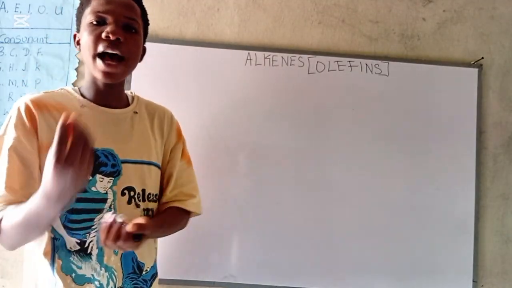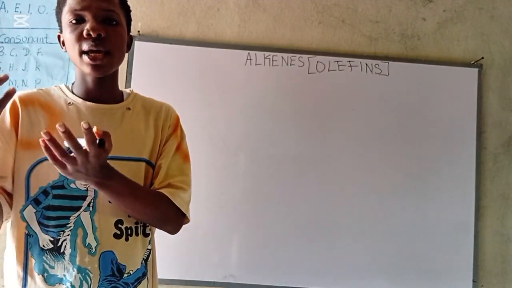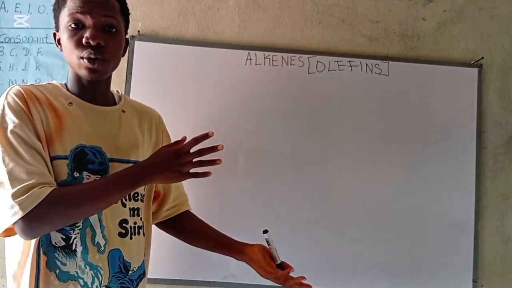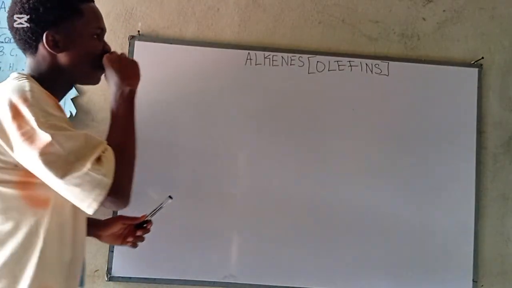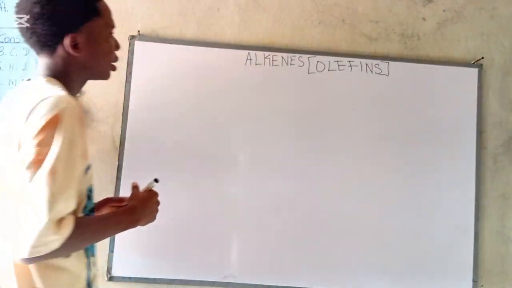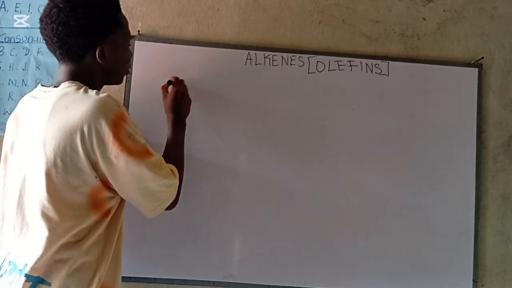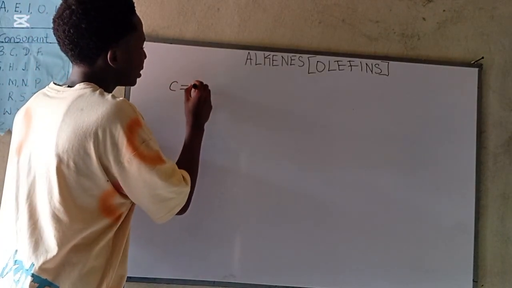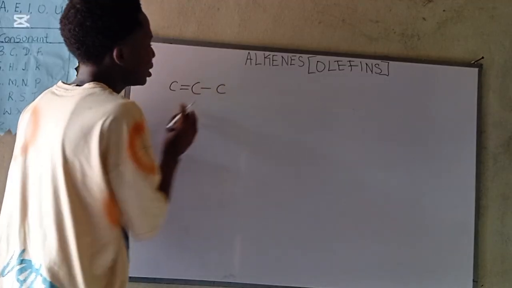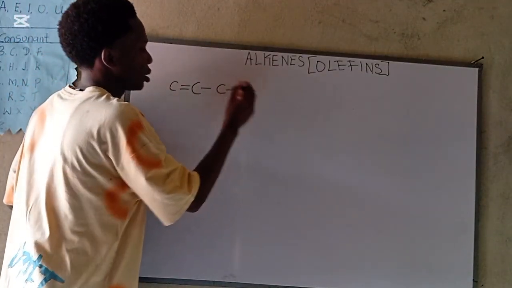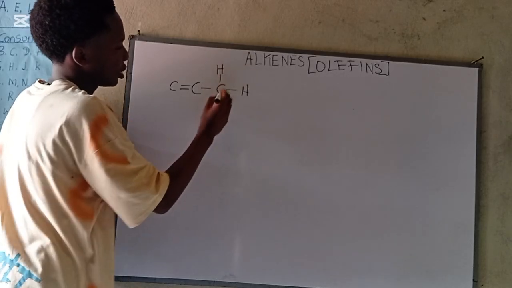They have the same molecular formula, but different structure. Okay? So now, based on that, we have to take an example. Let's use propene. This is propene. Okay, if we balance the hydrogens, we can balance the hydrogen as this.